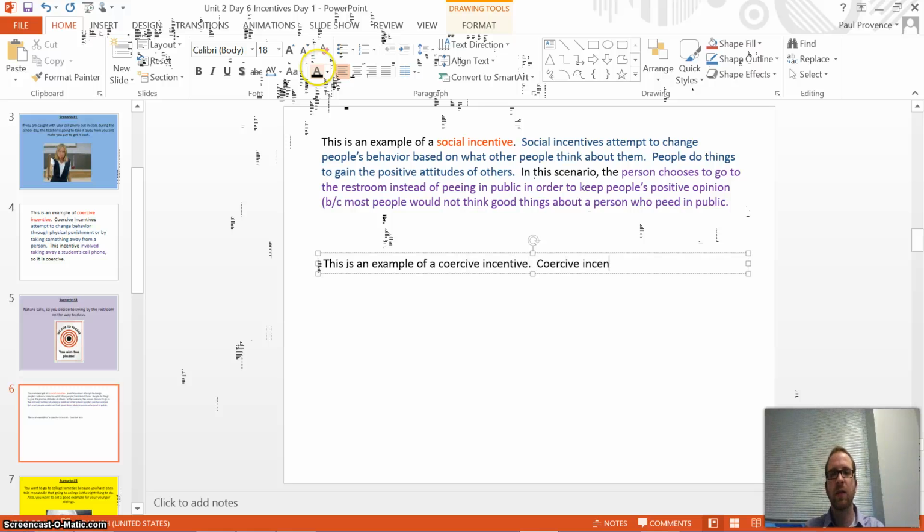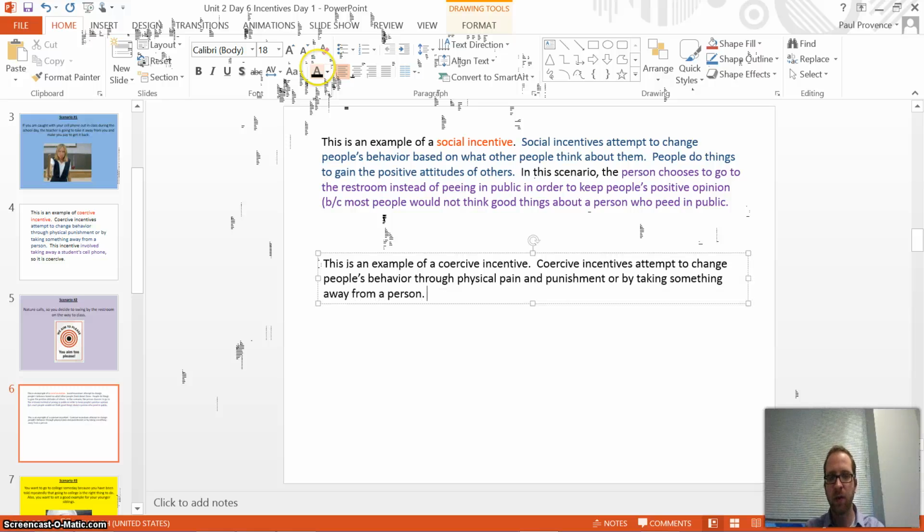Coercive incentives attempt to change people's behavior through physical pain and punishment, or by taking something away from a person, since it can become really painful if a person does not pee.